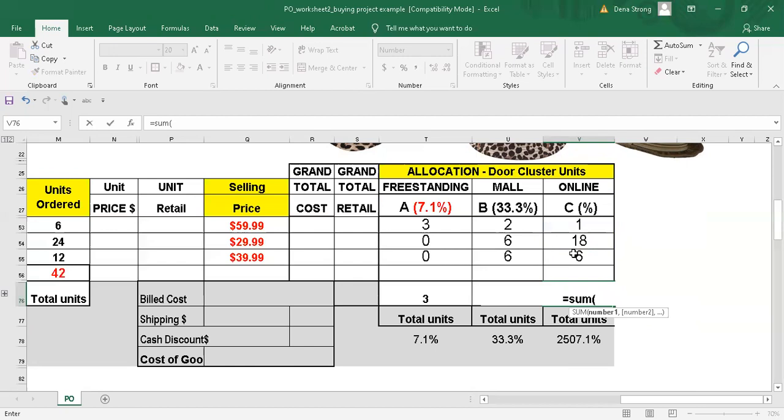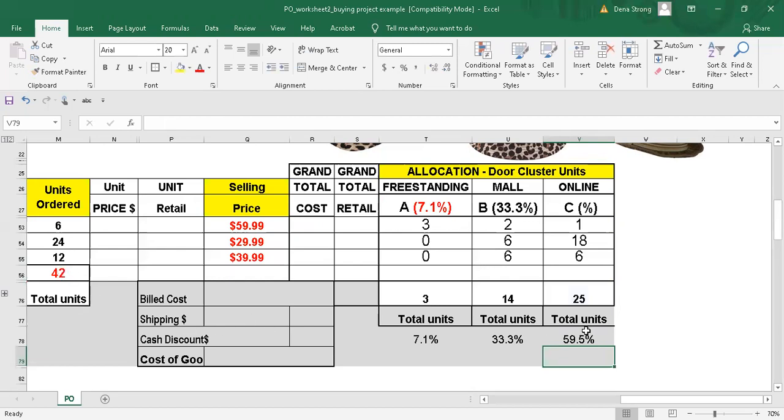Auto sum equals sum 1, 18, 6, close parentheses. Enter. I don't know what happened. So that equals 25 of the hats divided by 42 is 59.5% of our hat buy going to the online store. So I'm just going to highlight this in red.